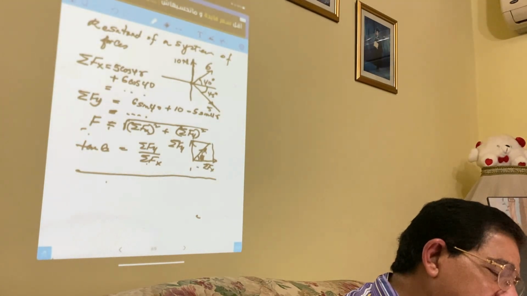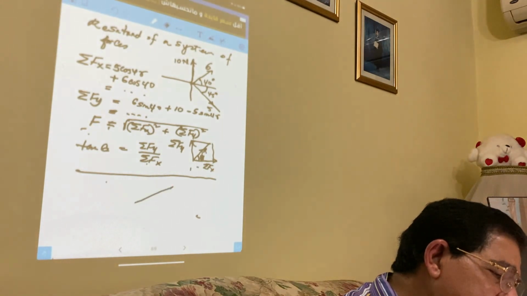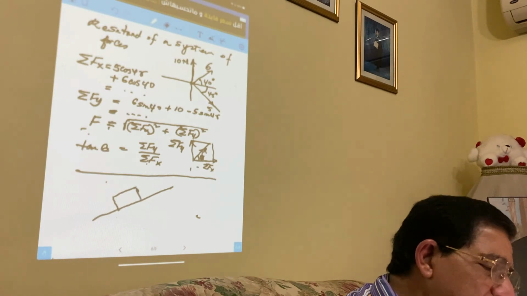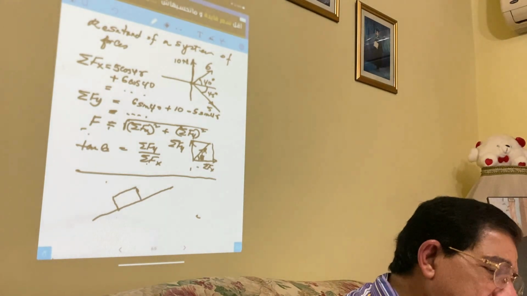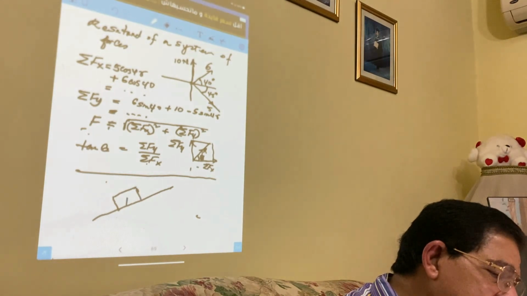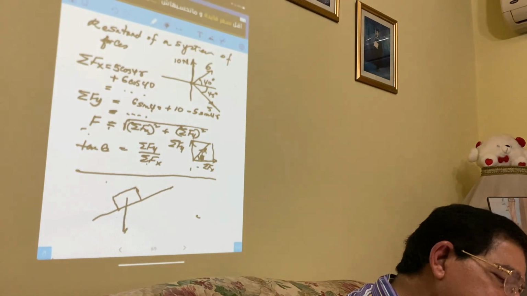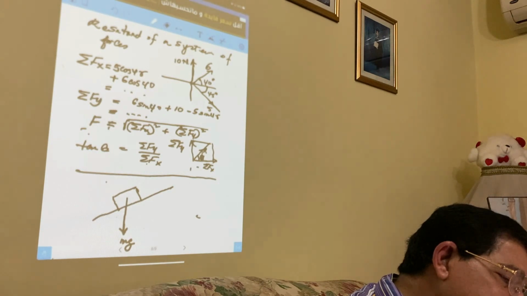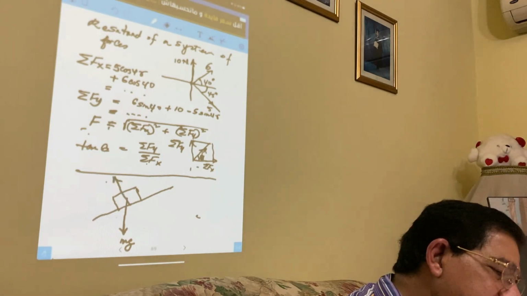If a particle is placed on an inclined plane like this, its weight acts vertically, mg. The normal reaction acts perpendicular to the plane.